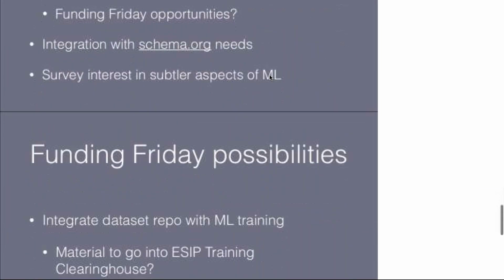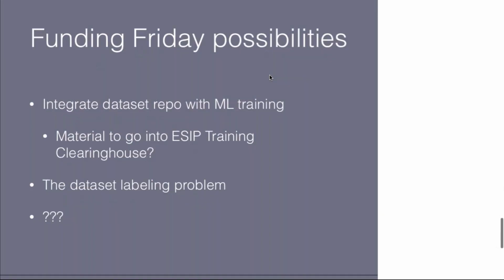Then somebody raised the possibility, very timely, of a Funding Friday. How many people here know what Funding Friday is? Not everybody. Funding Friday is a little informal competition that occurs at every summer meeting. The night before the competition, you get together with your buddies and your beverages, and you make a poster for the idea that you would like to propose.